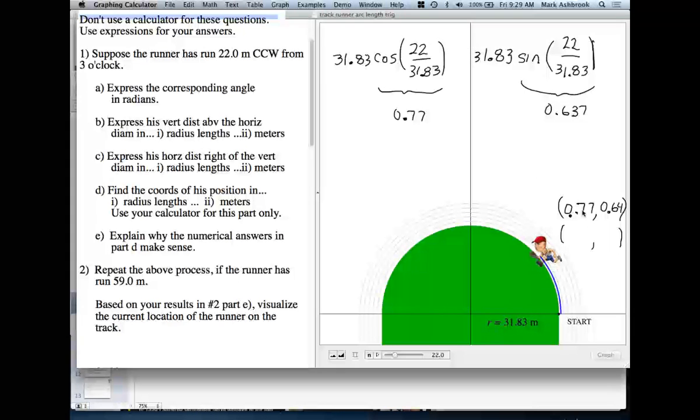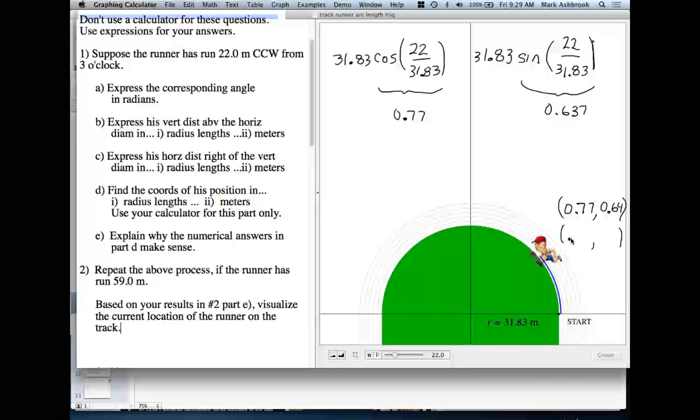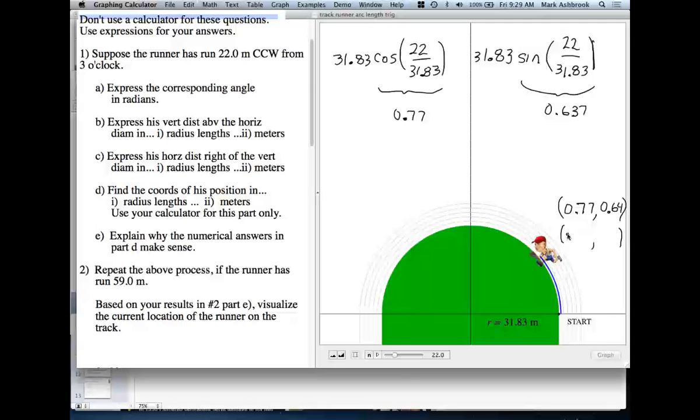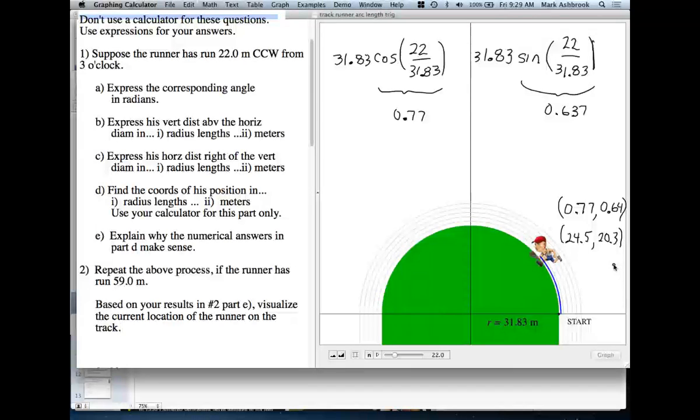Take that and multiply by 30. Mitchell, you got it? 24.5. Okay, so if the radius is 31, he's 24.5 feet out to the right of the center, and he's about 20 feet up from this horizontal diameter.